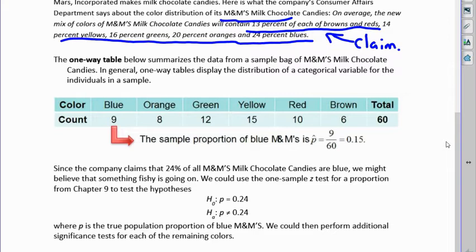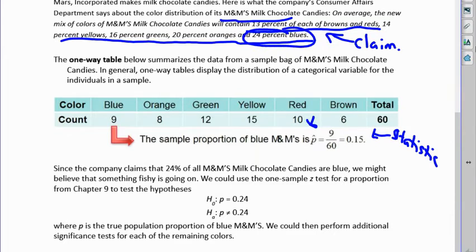For example, we get 9 blue candies, and the statistic that we're getting for that, notice that there's a hat on there, I get 0.15. How does this compare to the 24% that they claimed?